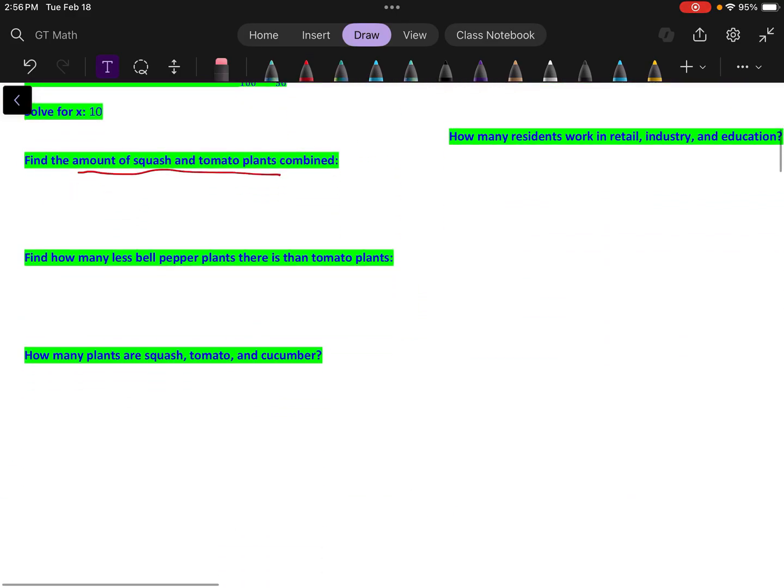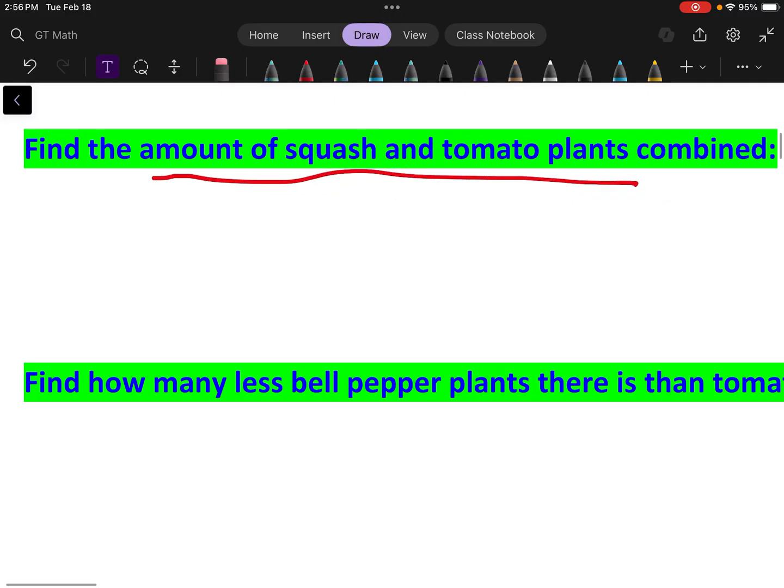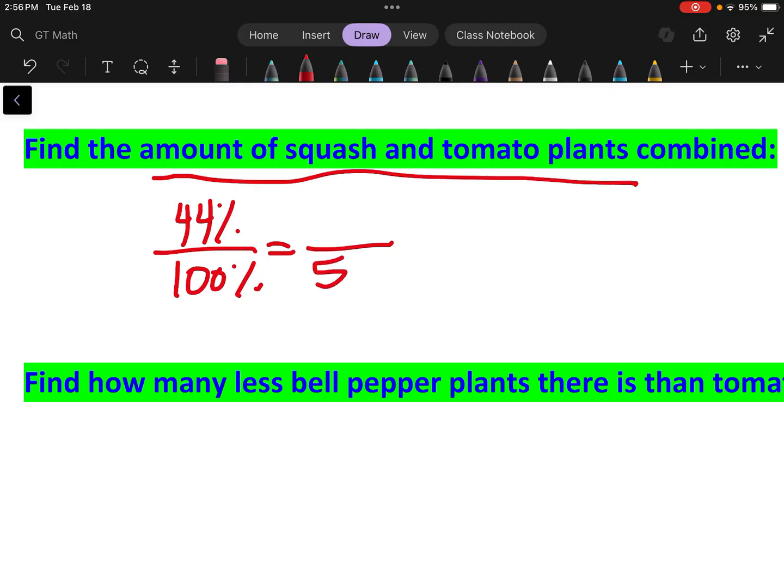And now I'm going to just find 44%. Okay, 44% out of 100%. And I know that there are a total of 50 plants. So you can see here, part over whole, right? And I'm setting up a percent proportion. That's how I figure it out, right?